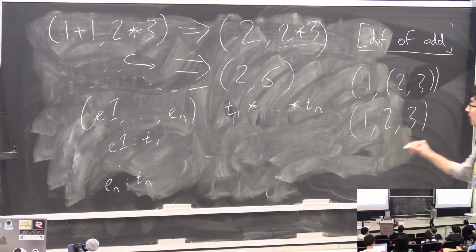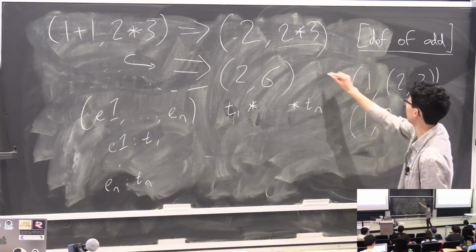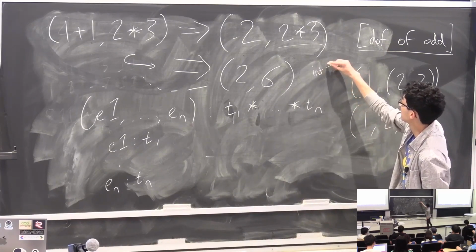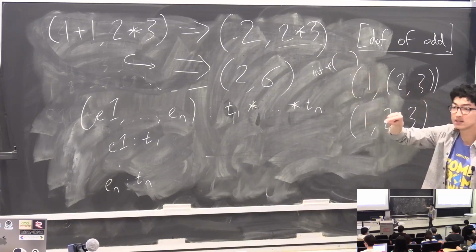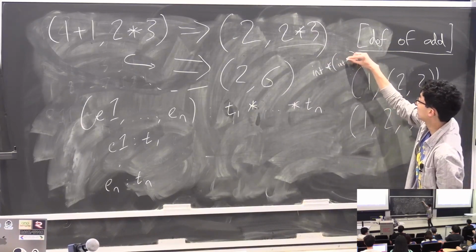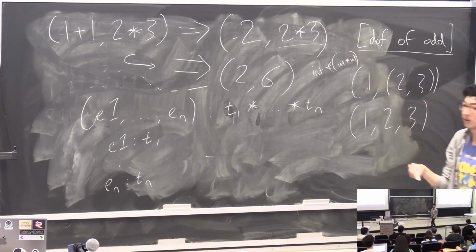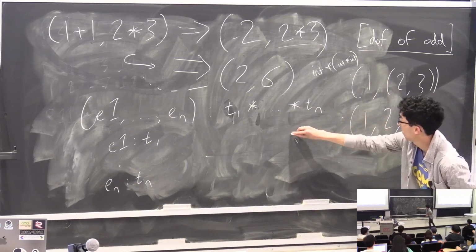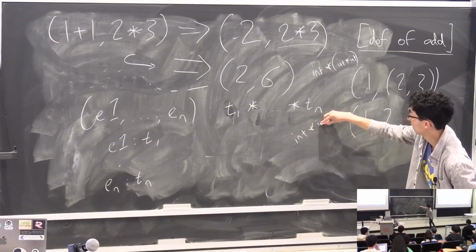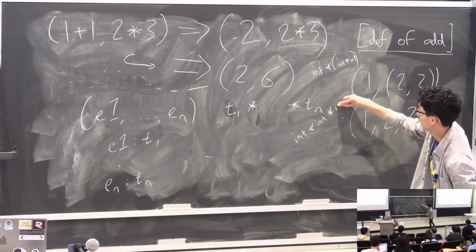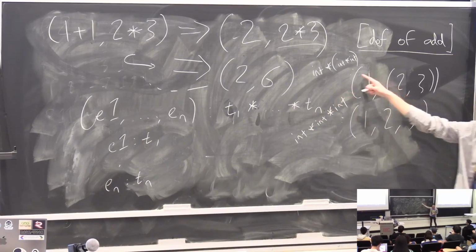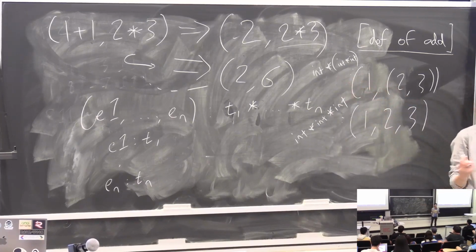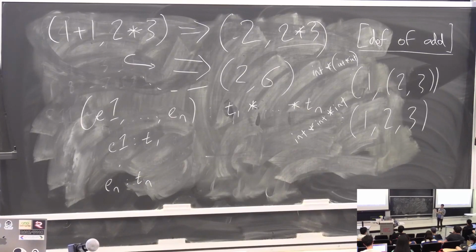So this one would have type, I'm running out of space here, int star parentheses int star int. But this thing is going to be of type int star int star int. So the parentheses here do matter. Usually in math, we can just discard parentheses. Doesn't matter, right? But here it does. All right? Is this clear to everyone?